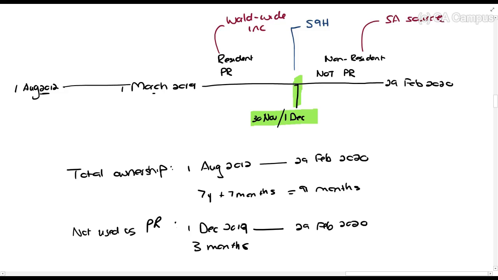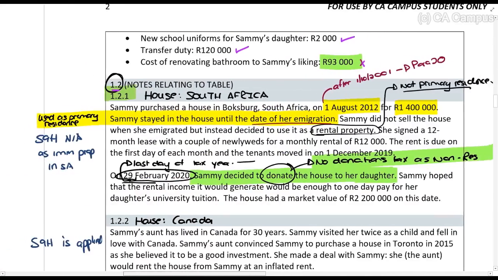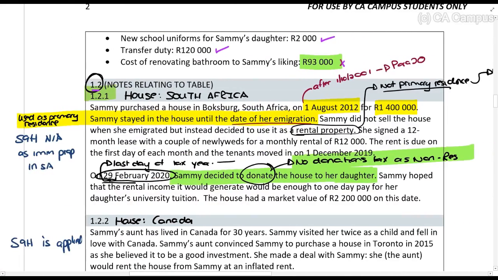She owned it and she used it as a primary residence. She then emigrates, so we have to consider section 9H during the period when she's a resident. It will not apply because it's immovable property in South Africa, if you recall.